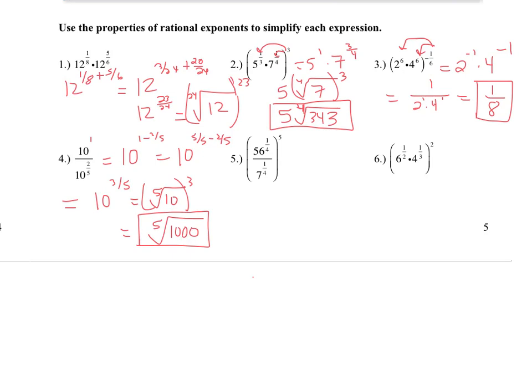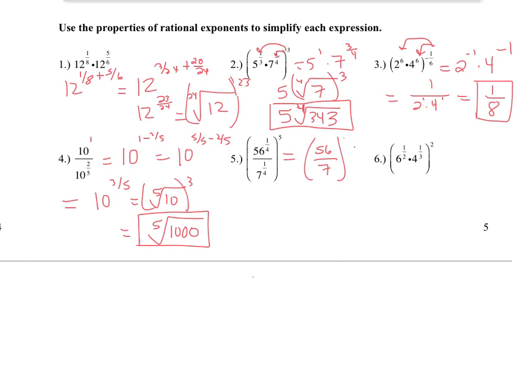Number 5, we have 56 to the 1/4 divided by 7 to the 1/4, all raised to the 5th. Well, I'm actually going to do one of the properties somewhat in reverse, and I'm going to factor out that 1/4 power that they're both raised to, so that now it can be the 5/4 power here.